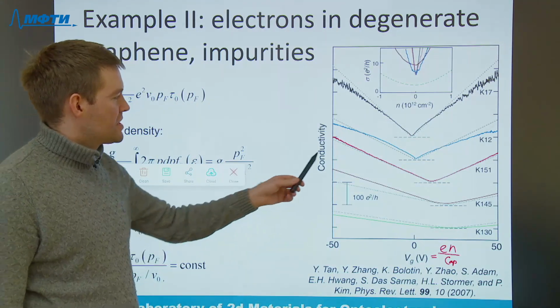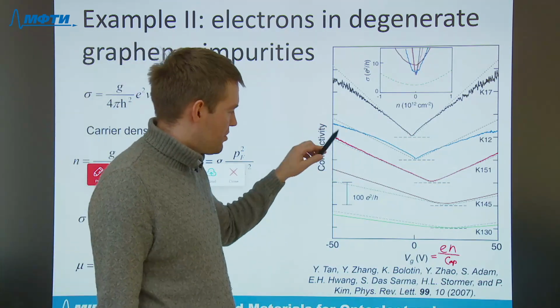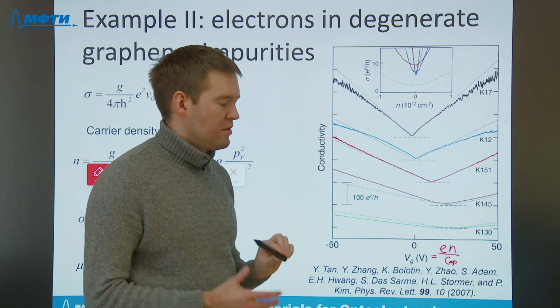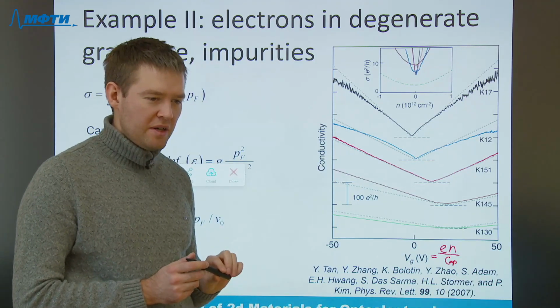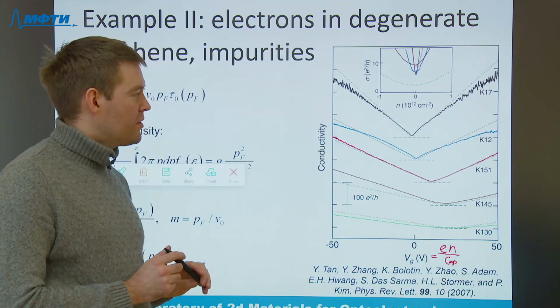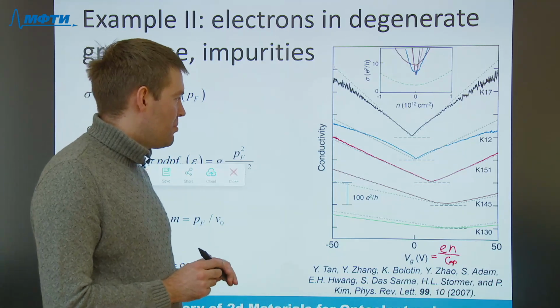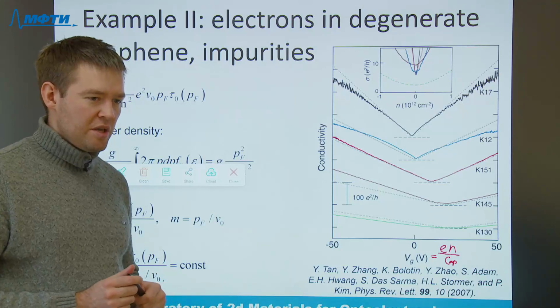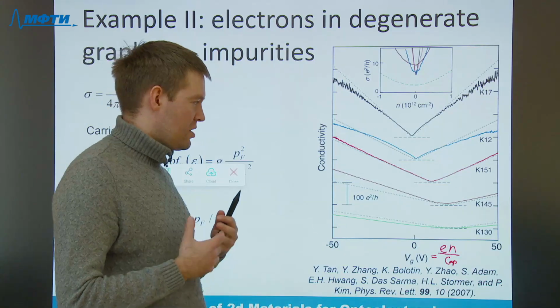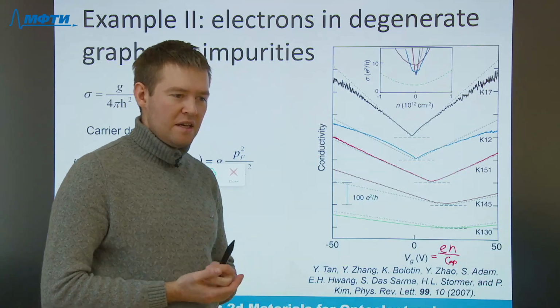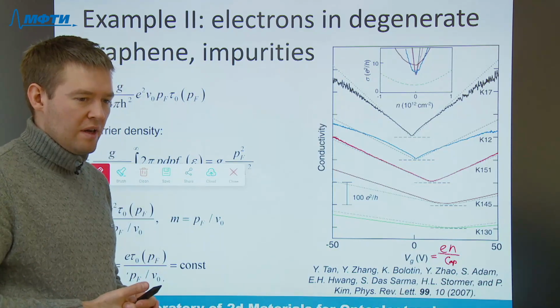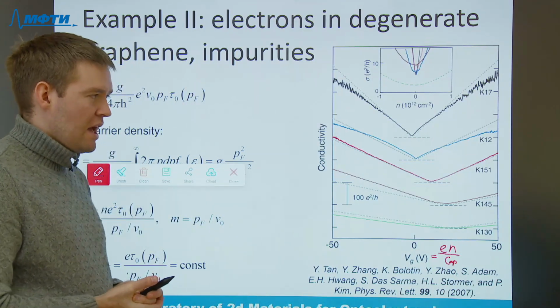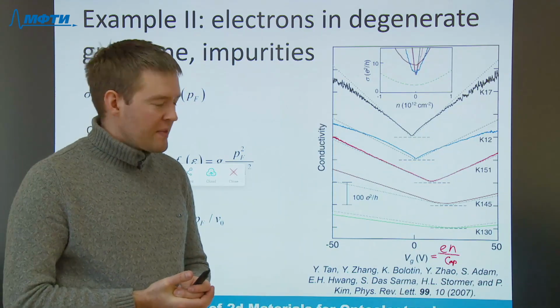In some samples it can behave differently, but it is very well approximated by a linear function. And the mobility of graphene limited by scattering by charged impurities is a constant that doesn't depend on Fermi energy and on the carrier density.